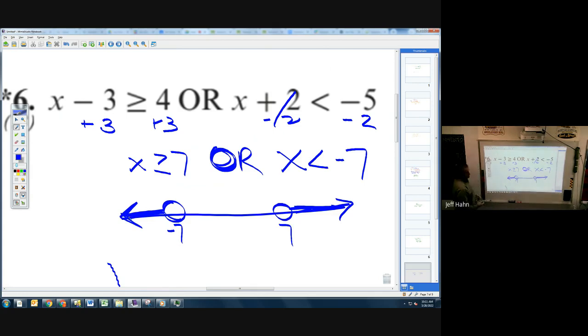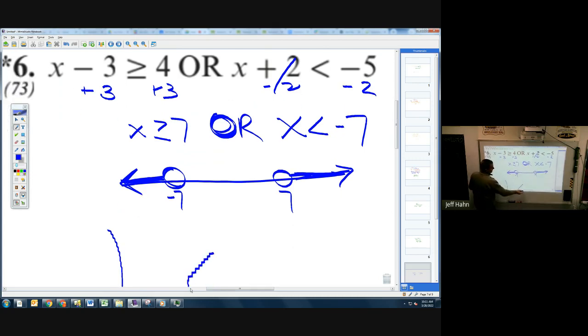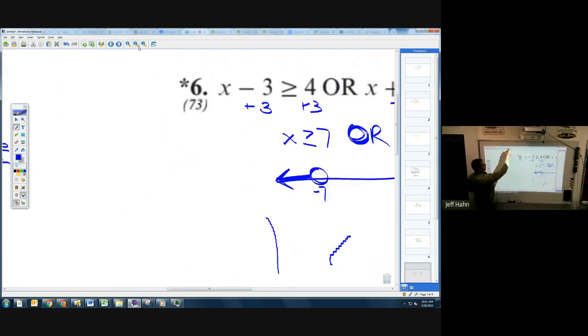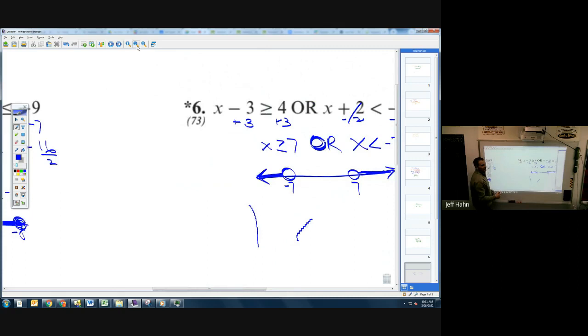No, you have to fill in the circle. This is an OR problem. Oh, I do have to fill in the circle. Say it again, Jacob. Louder. Jordan, stop correcting. You were wrong, Jordan.